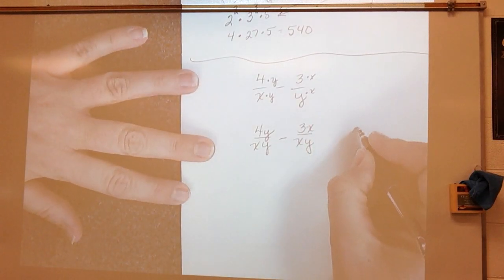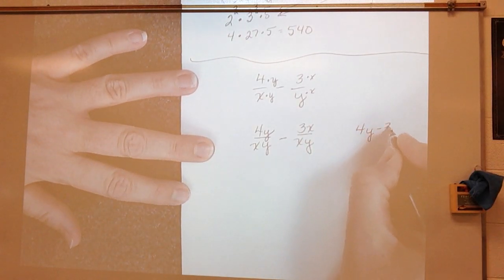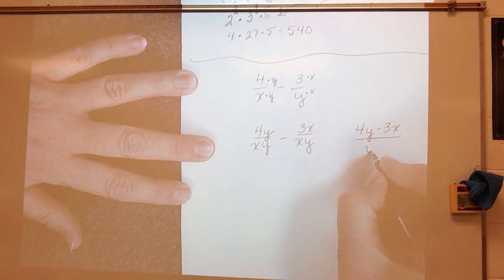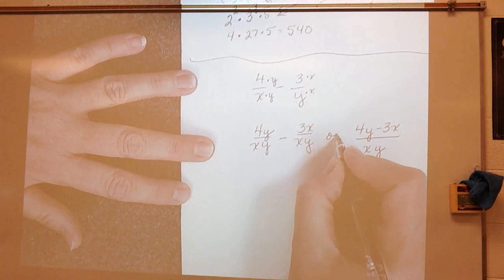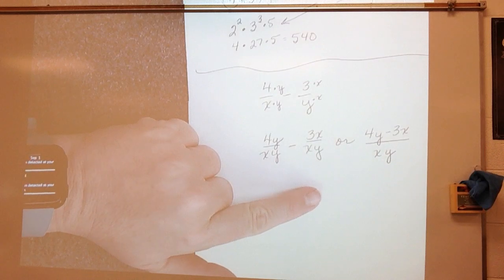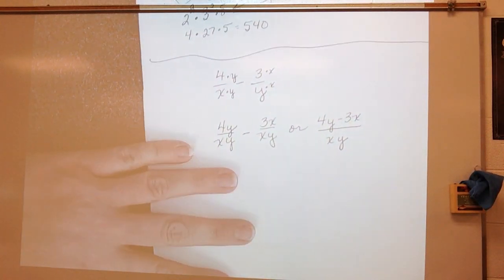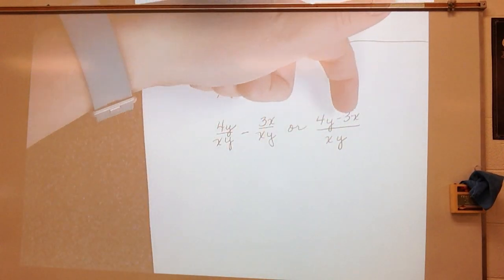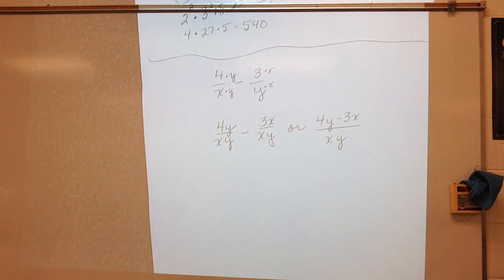But I can rewrite this. You can actually rewrite it like this if you would like, or you can leave it like this. But it can be rewritten in this form. So it would be 4y minus 3x over xy. Okay? If you have questions, guys, make sure you ask.